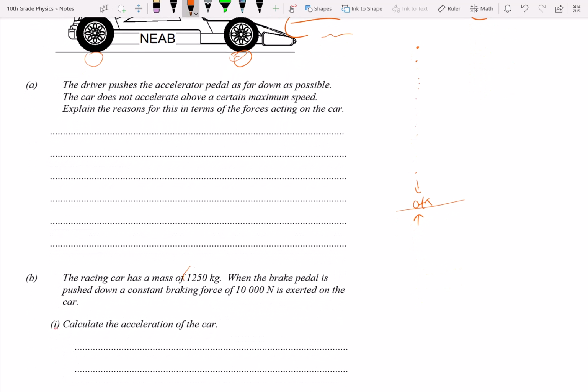Okay, now we're given some information. The car has this kind of mass. When the brake is pushed down, a constant braking force of 10,000 newtons is exerted on the car. Calculate the acceleration of the car. So what we know is force equals mass times acceleration. They give us the force, in newtons, they give us the mass, and they ask for the acceleration.